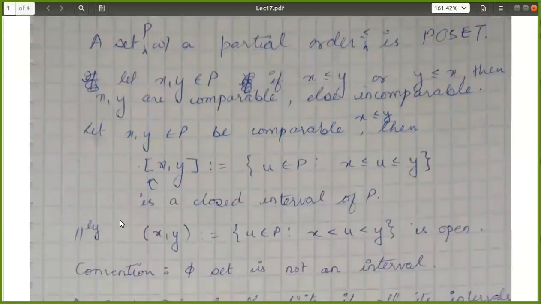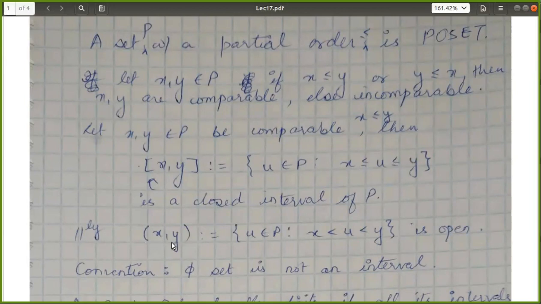Similarly, once you have a closed interval, you can also define an open interval. The open interval will collect all the elements of the POSet which are strictly bigger than x and strictly smaller than y. So elements in this chain, but excluding x and y.